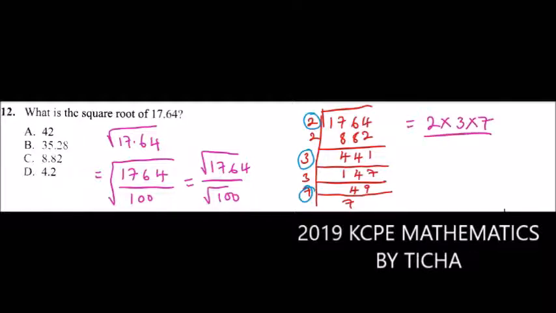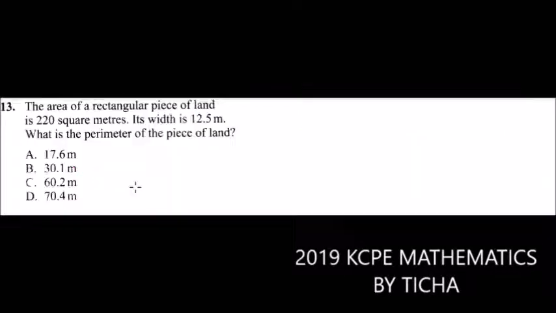The square root of 100 is 10. So this is equal to 42 over 10, and that should give you 4.2. So that is how we do that. And if you check your answers, the correct answer is D. So you shade the correct answer, which is D.